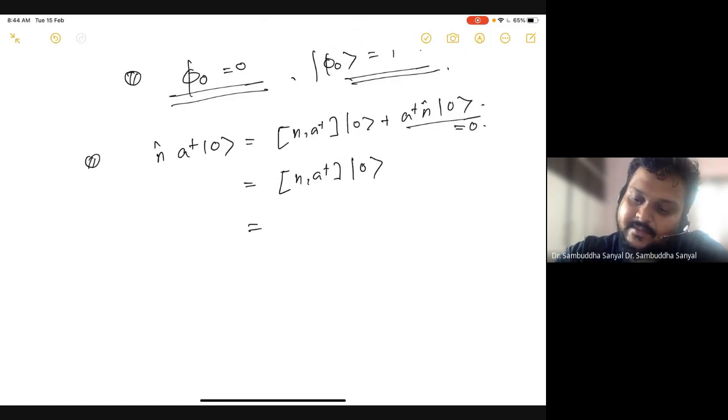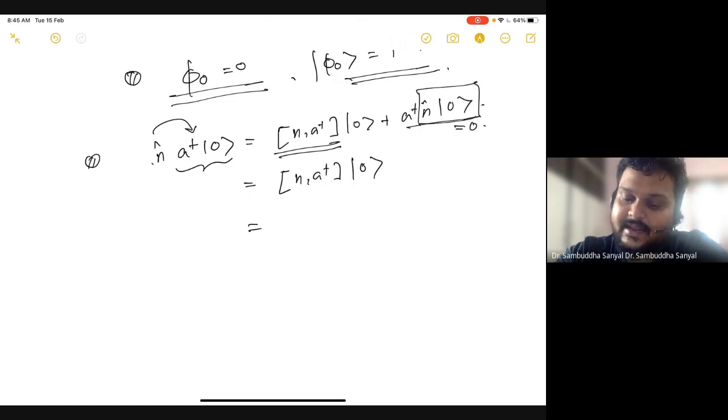So the purpose of doing all that is to take the n to this side so that I can act it, because I don't know yet how a dagger is going to act on 0. I know the property of n a dagger. I know the property of a dagger n. I know the property of n0, so that's why I want to push the n to this side.